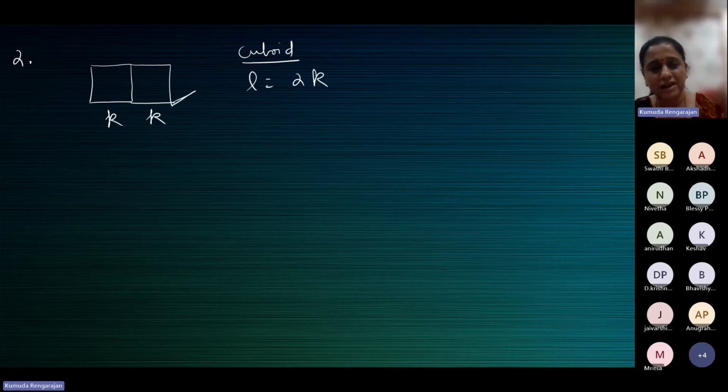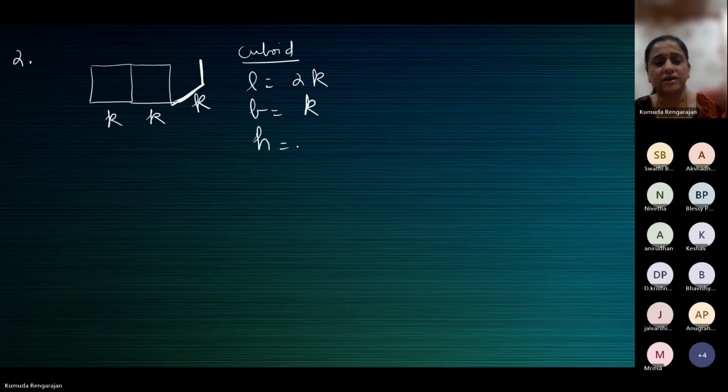Imagine when you stick two cubes together like this. The length of the new cuboid will be K plus K, 2K. Breadth is K only, and the height also is K. Only the length becomes 2K.